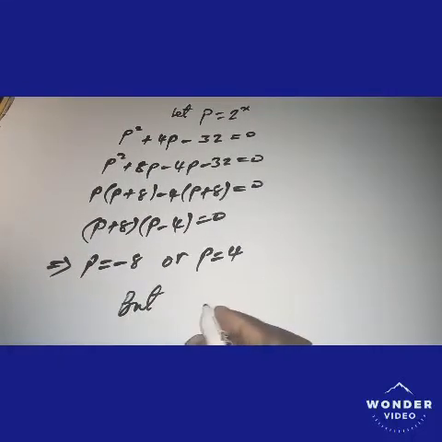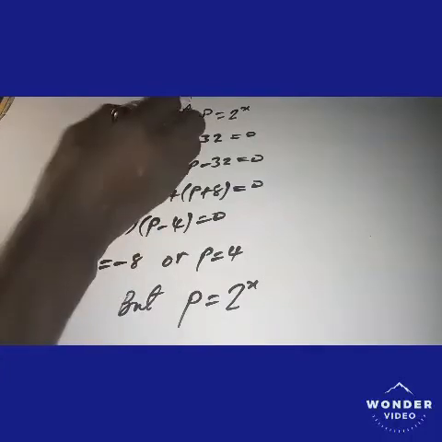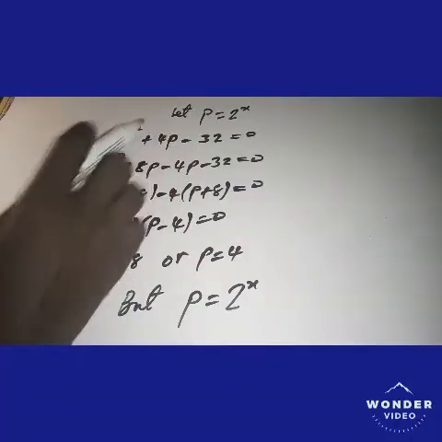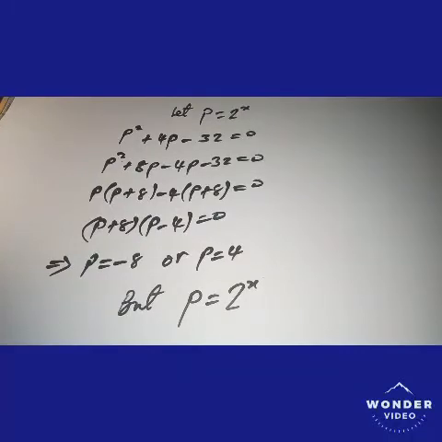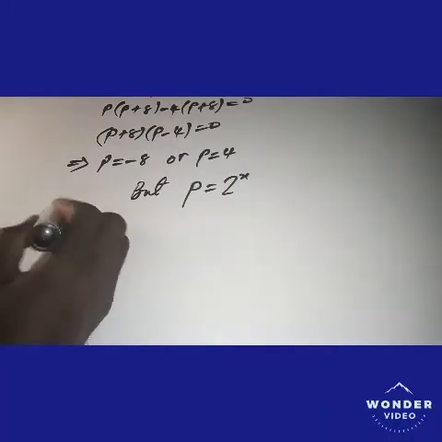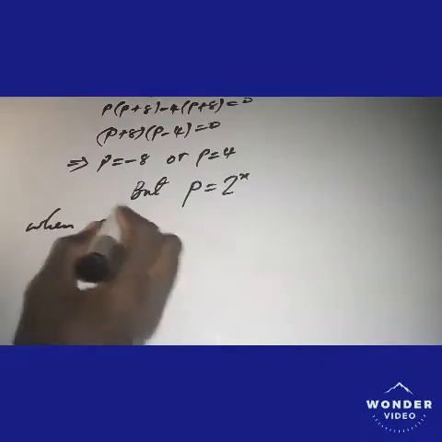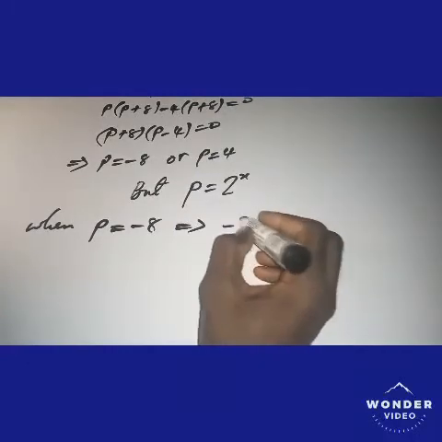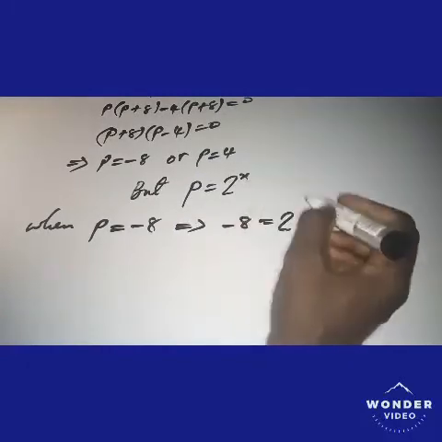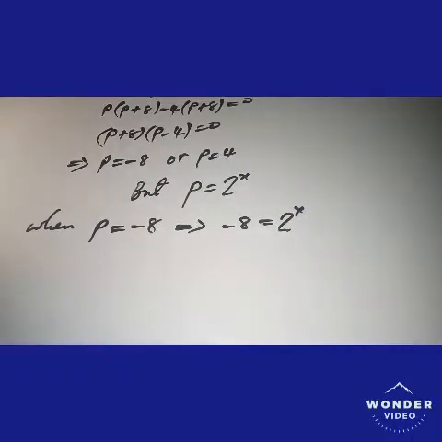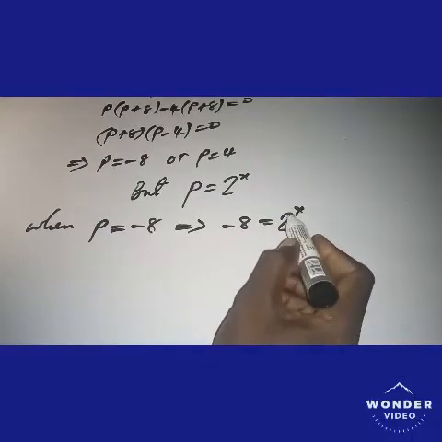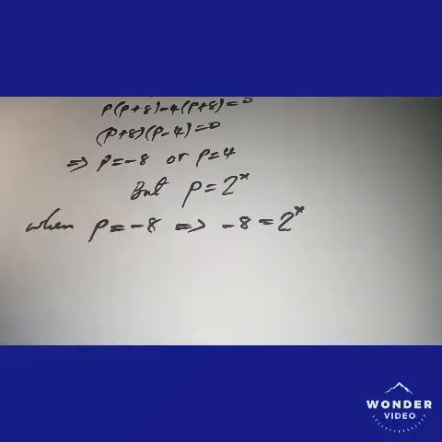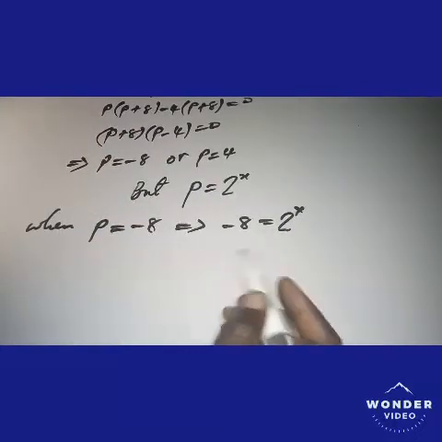So we are not done yet. We should remember that p is equal to 2 to the power of x, as we made the supposition there. Therefore, when p is minus 8, this implies that minus 8 is equal to 2 to the power of x, which has no solution because 2 to the power of x is never negative.